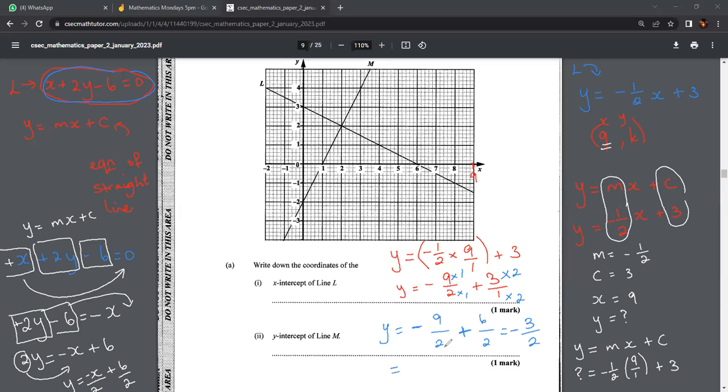And that can be written as a mixed fraction, negative 1 and 1/2. So y is equal to negative 1 and 1/2. So when x is 9, y is negative 1 and 1/2. So it's going to be at the point (9, -1 1/2).